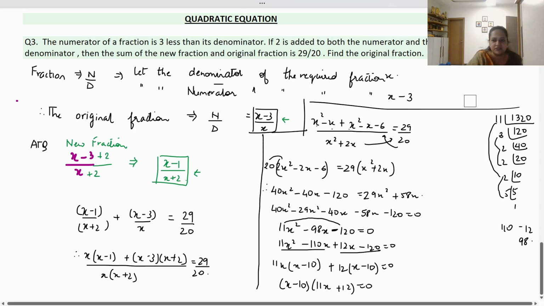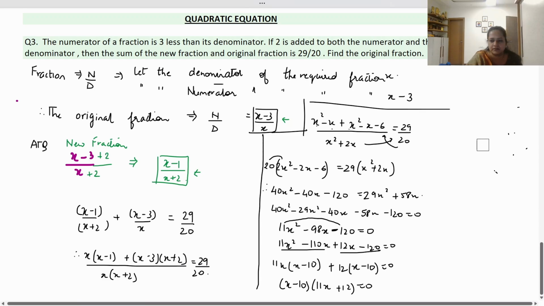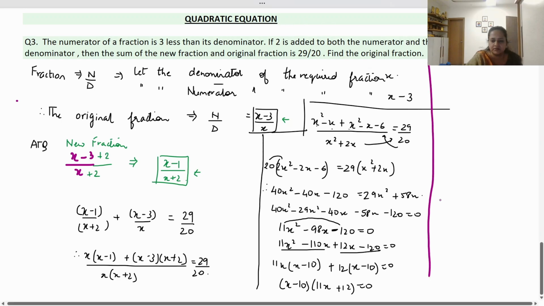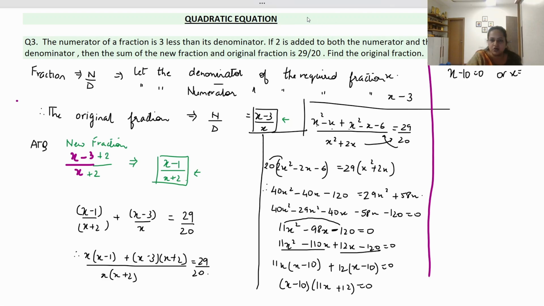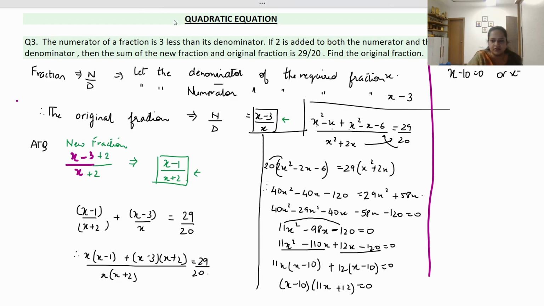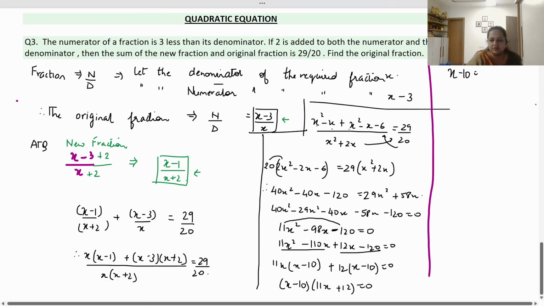When we simplify this further, children, we are going to get two factors. Either x minus 10 is 0 or 11x plus 12 is 0.